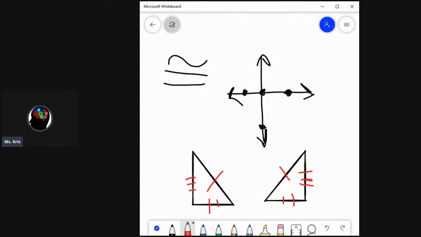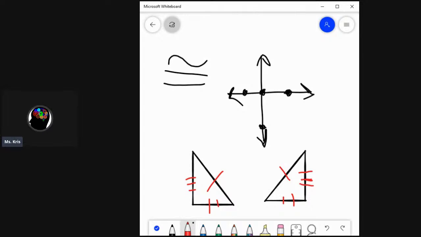Same thing for line segments. If the measurement of line segment AB is 20, then I should know that the measurement of CD will also be 20. So congruency tells me they are of the same length and they will always be equal to each other.